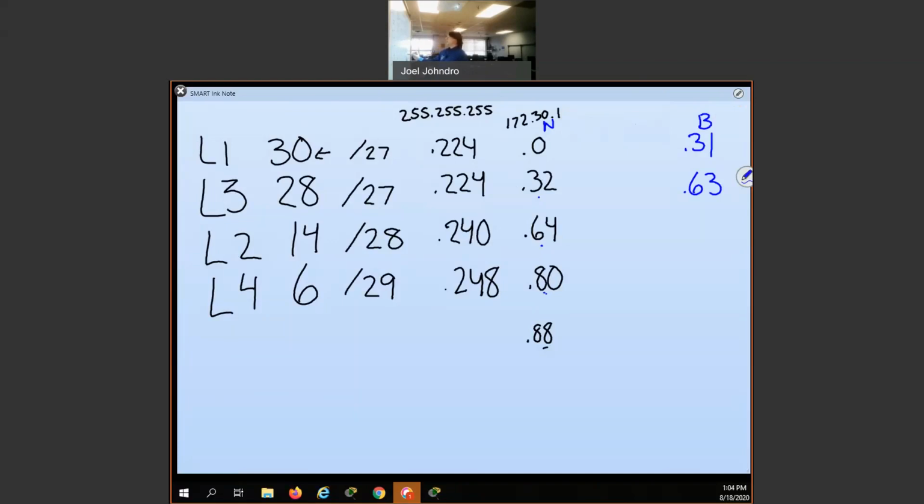It starts at 80, which means that the one before it is .79. And the reason I defined where the fifth imaginary network would start is so that I could figure out that the broadcast for the last network is .87.